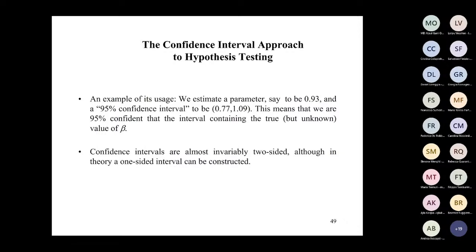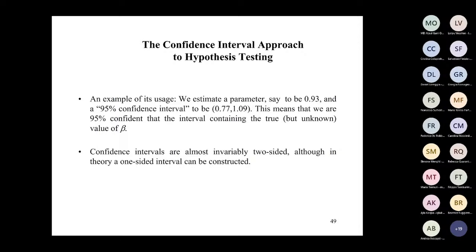Now, the other thing which is important is the second approach we talked about: the confidence interval. What does the confidence interval include? It includes all the likely values of a coefficient, of a parameter.